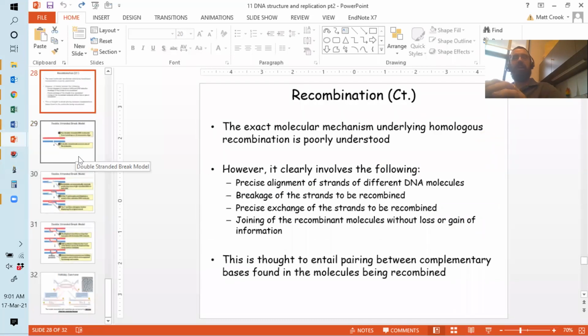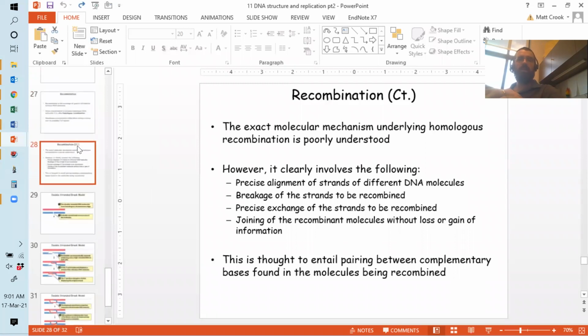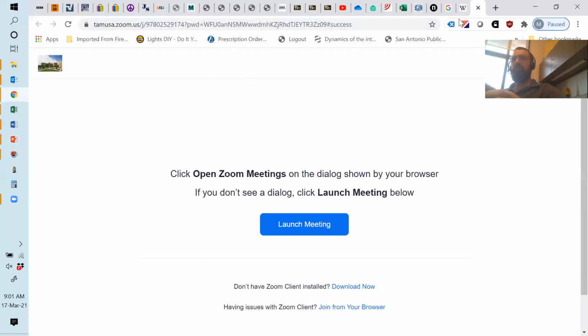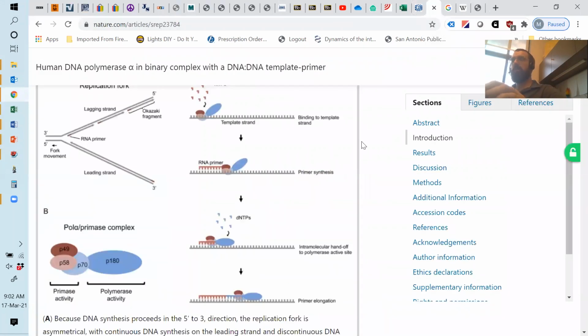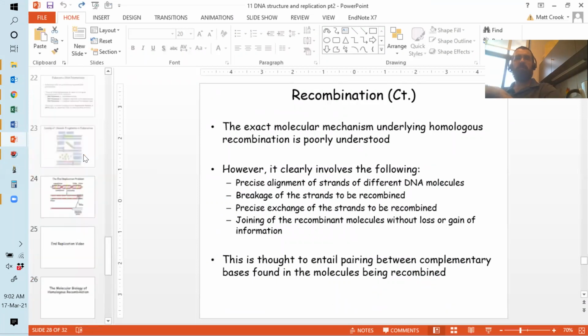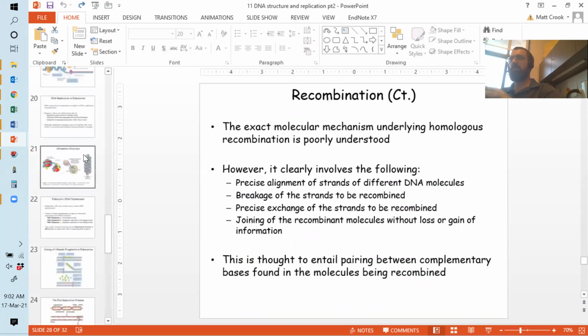Okay, so before I get to that, I do remember saying I'd look up DNA polymerase alpha. DNA polymerase alpha is both a primase and a DNA polymerase, right? One of the differences between prokaryotes and eukaryotes in DNA replication is that in prokaryotes you have a primase, which is an RNA polymerase.